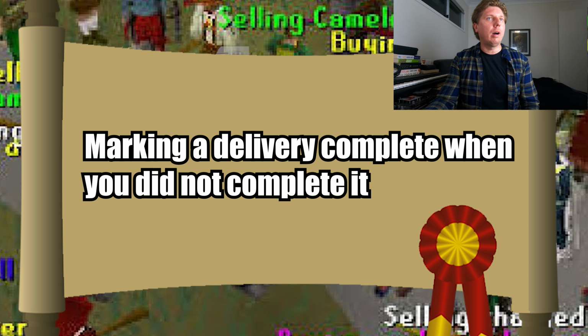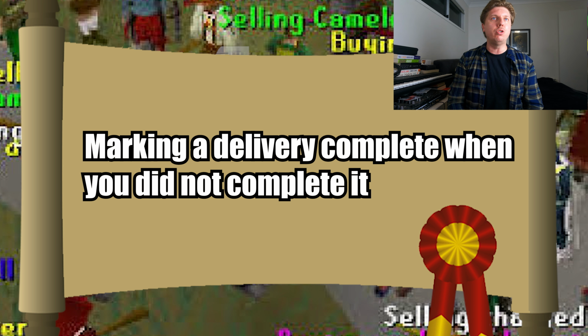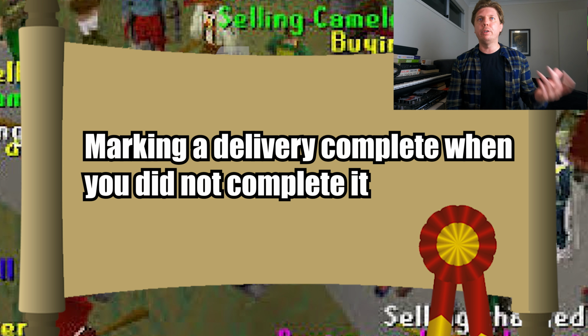And these last two are on contract violations. So, marking a delivery complete when you did not complete it. Completion of a delivery is made by providing the goods directly to the customer.